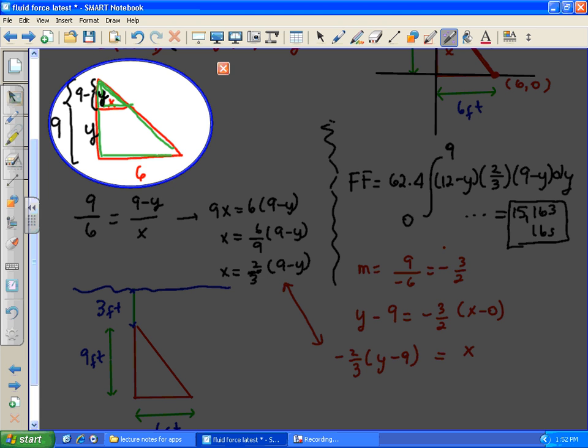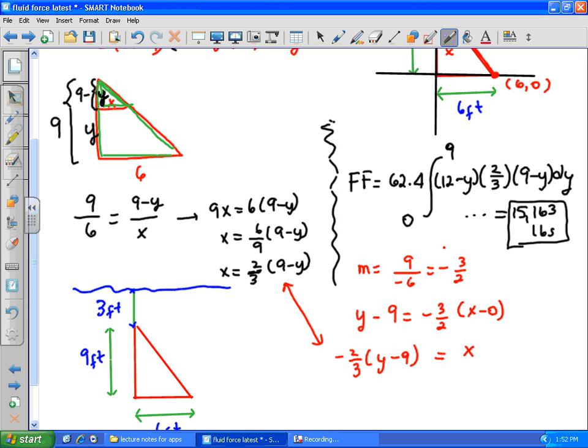The one on the top, which is this one, right, is similar to this one, the big one, right? So when you are setting up the ratios of your similar triangles, you got to use the size of your similar triangles, because y is not a part of a similar triangle, right? If you look at the size, on the big one, the height is 9, the base is 6, correct? On the small one, the height is 9 minus y, and the base is x.